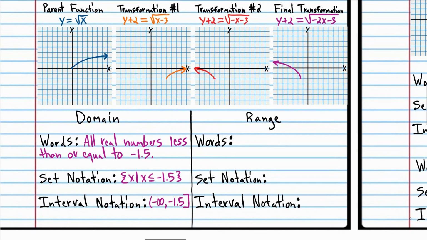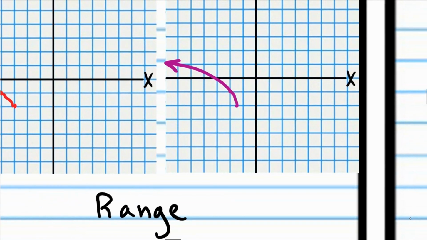So now let's look at that purple graph and look at all the points. What is the smallest y value? What point has the smallest y value? Well, obviously this point here. The smallest y value is the y value of this point, which is negative 2.